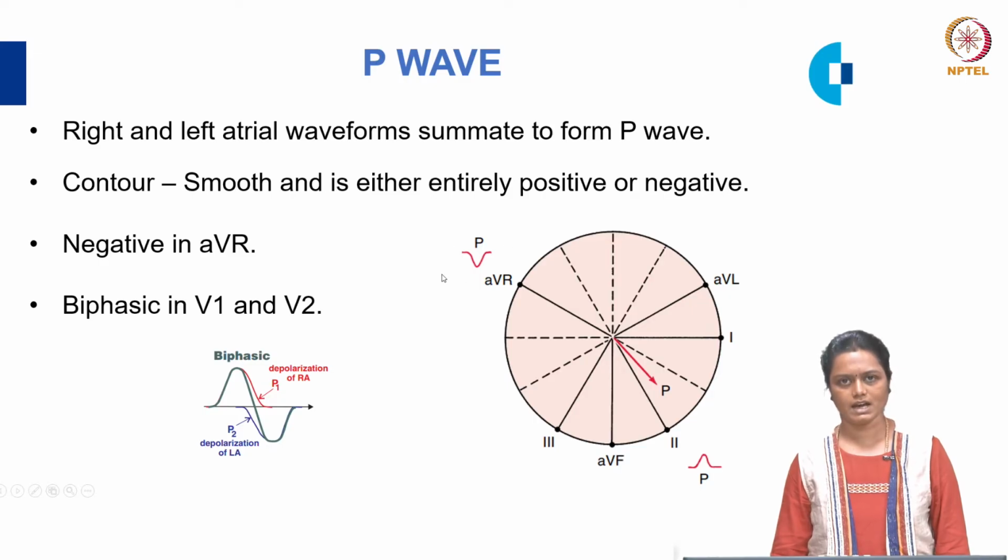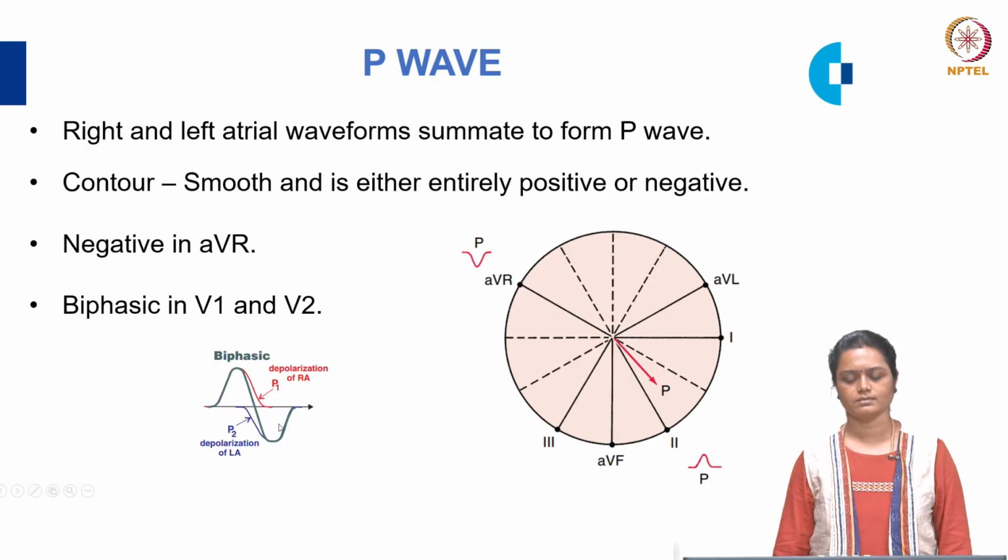The P wave remains negative in the lead AVR and it is biphasic in the lead V1. This is the important point which we must remember if you are looking at the morphology of the P wave: P wave will be negative in the lead AVR and biphasic in the lead V1.